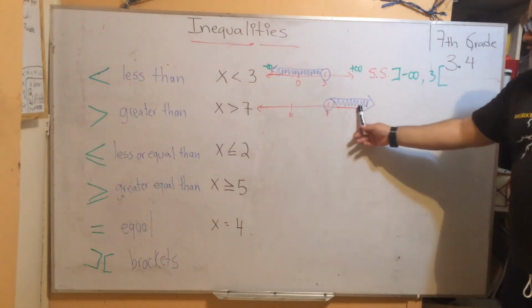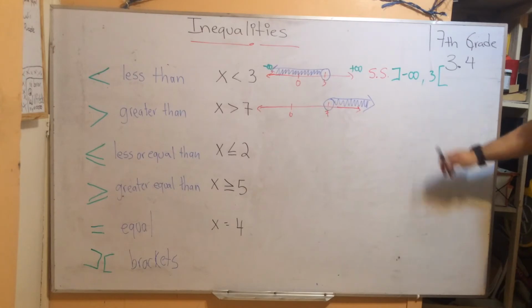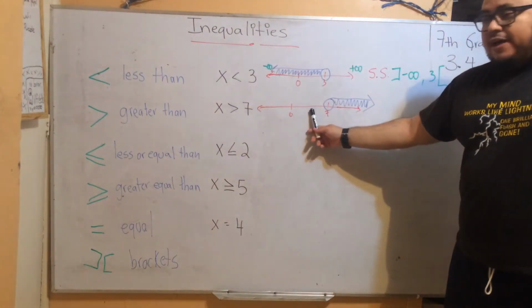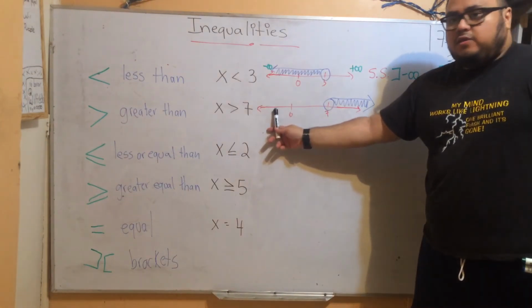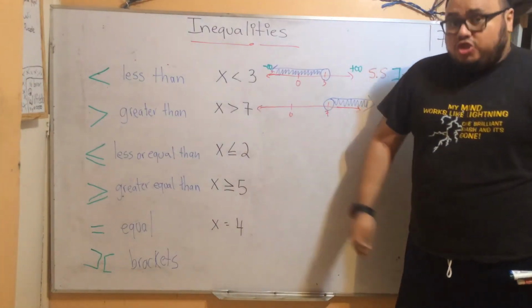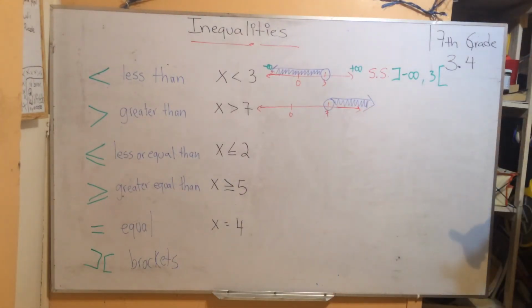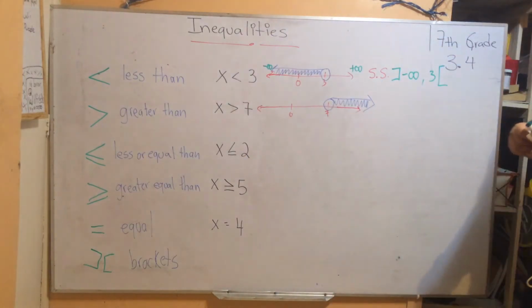X greater than 7, for example, 10, yes. 100, yes. 1 million, yes. Let's see what happens to the numbers on the left. 5, no. 1, no. Negative 100, no. Negative 1 million, no.